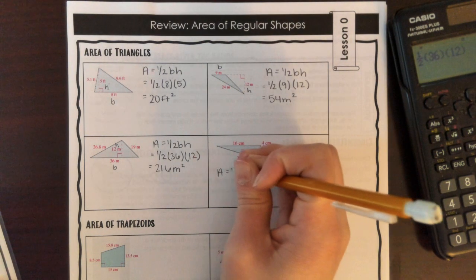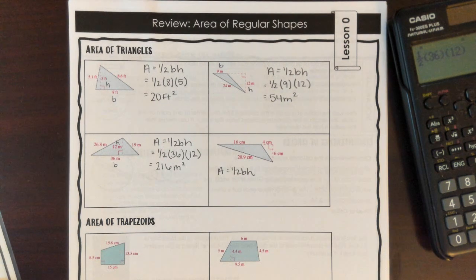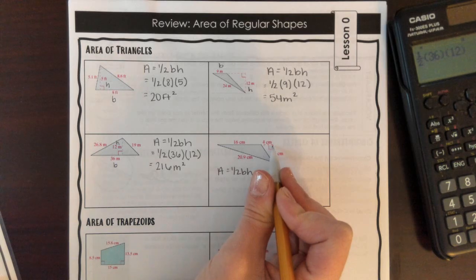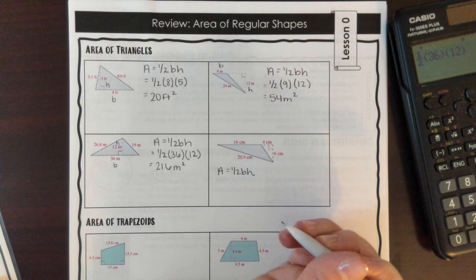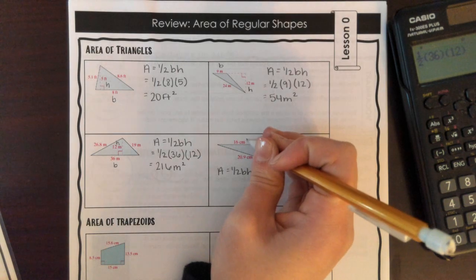Okay, now we have our last one. Again, it's a triangle. This one is a little more difficult because there's that extra number there. This is not the base. This is showing you how to configure the height. So your base is really going to be 16.